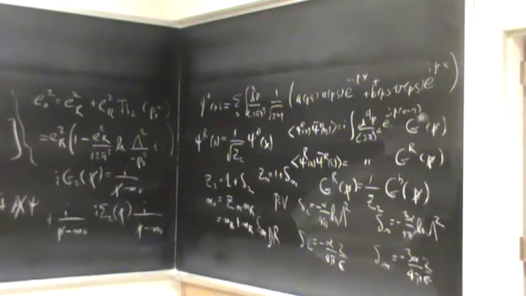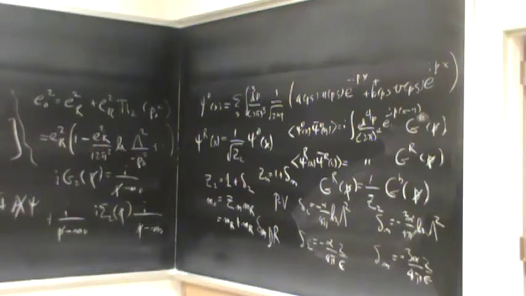All right, well, these different things are called different subtraction schemes for obvious reasons, that we're canceling infinities by subtracting them. There are basically two that are used in modern calculations. One is called minimal subtraction, the other one is called modified minimal subtraction.